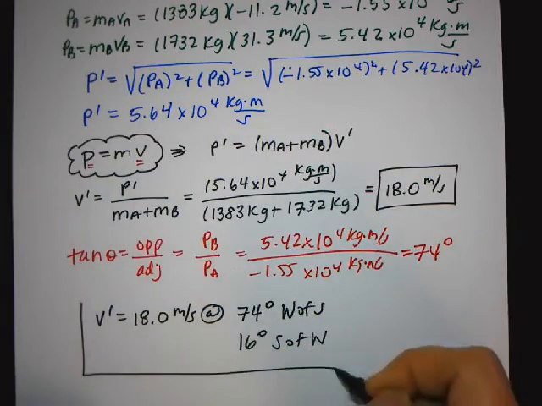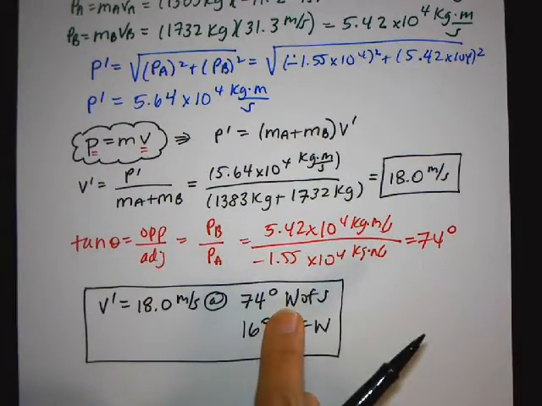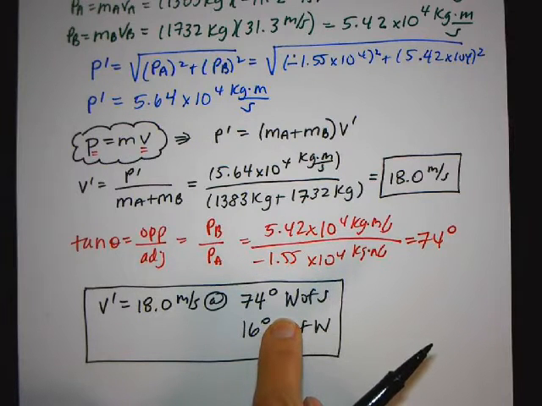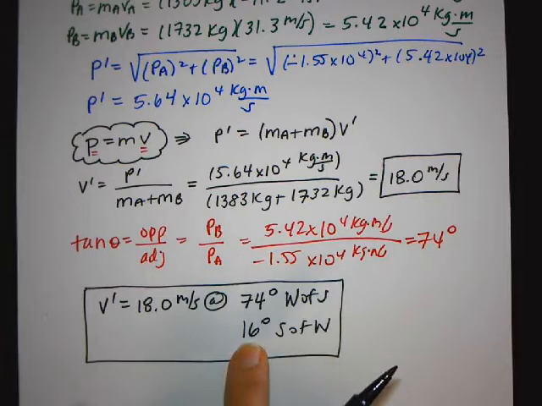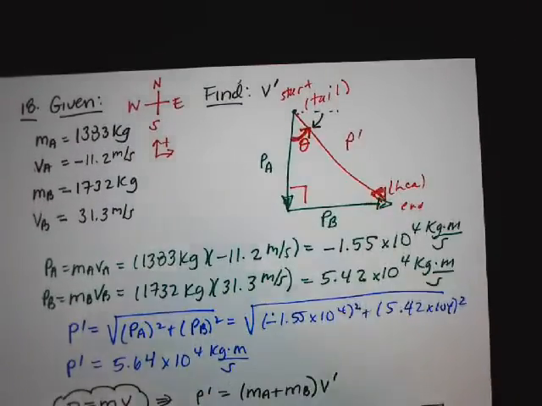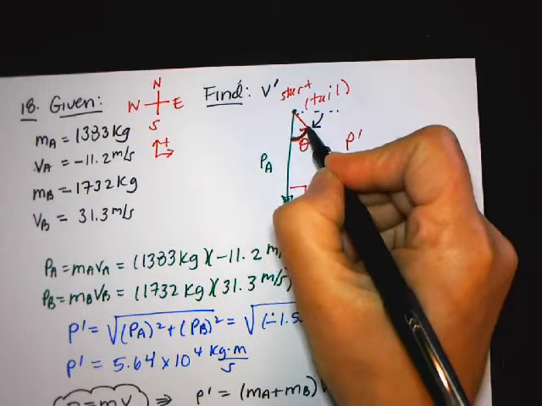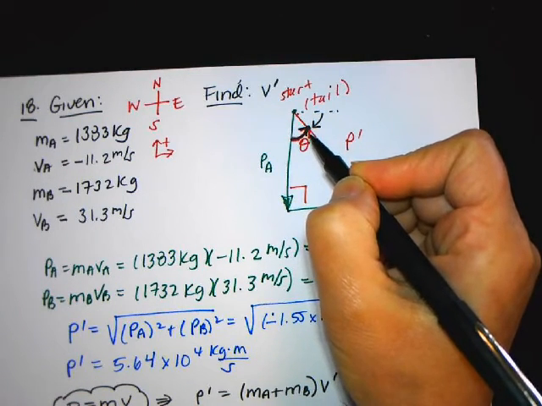So they're both correct. But it's always easier to find the angle inside the triangle, because on your answer sheet in parentheses it says 15.9 degrees south of east, but, well, I wrote the wrong thing. This is east of south.